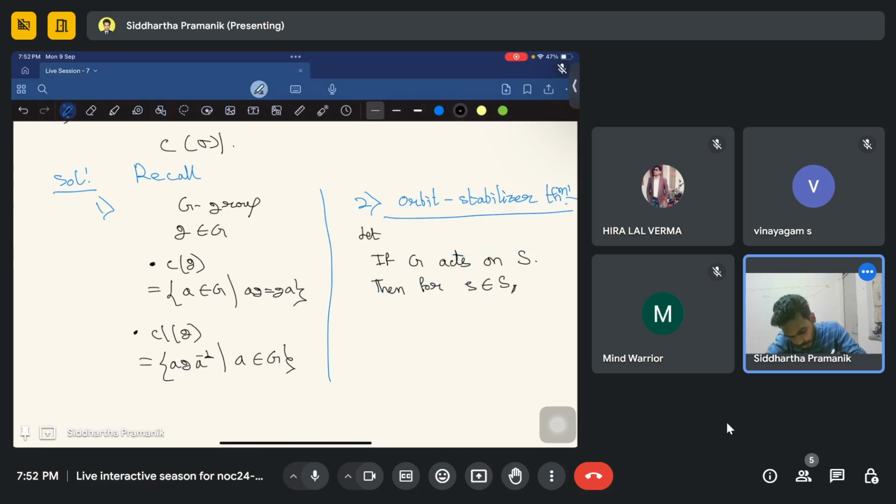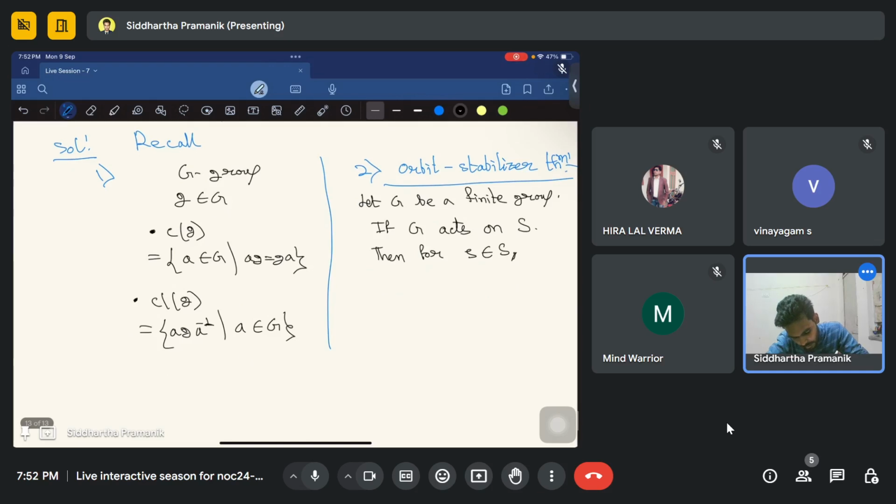Let G be a finite group, and G acts on S. Then for s belonging to S, the order of G divided by the order of the stabilizer of s is the cardinality of the orbit of s, right?